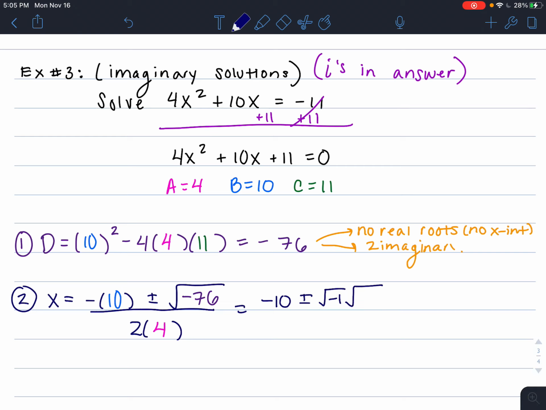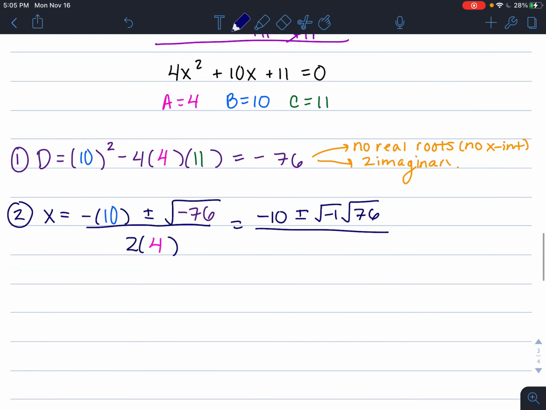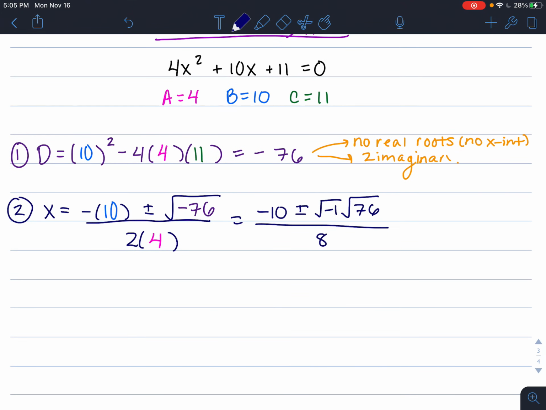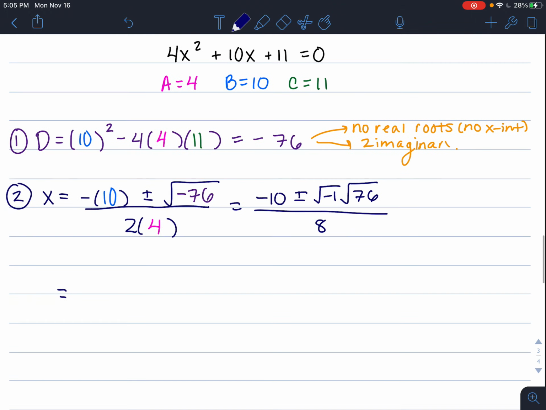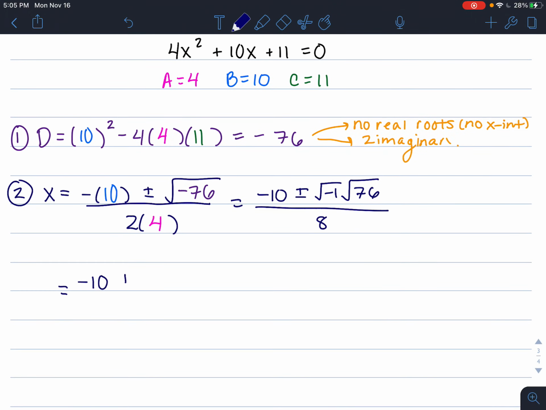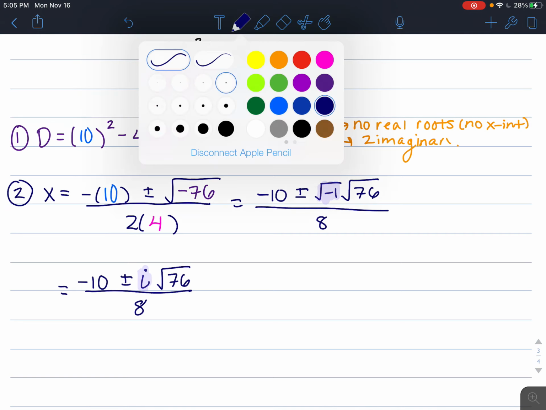I'm going to break off the negative 1. And then 2 times 4 is 8. I apologize for my dogs. Okay, so moving on to another line, space this out, we get negative 10 plus or minus i times the square root of 76 all over 8. And that i, right, is just coming from replacing the square root of negative 1.